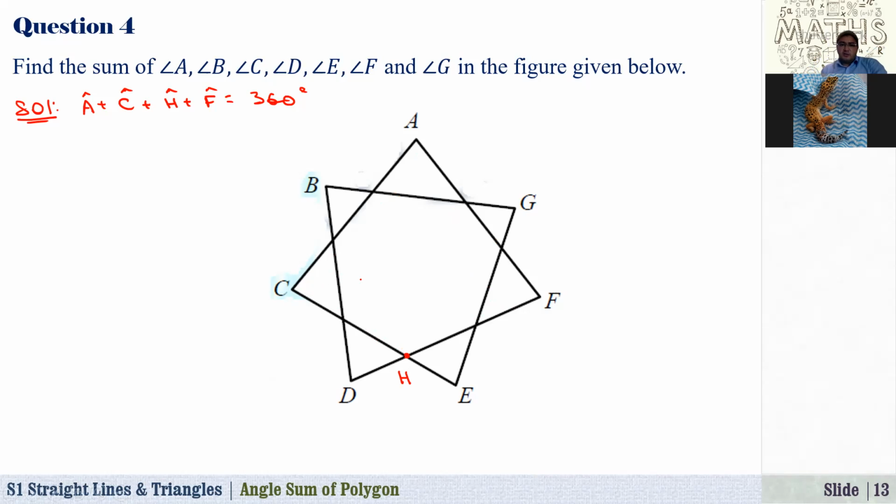Okay. So now, of course, we don't know H. Now I'll try to find H. What is H?